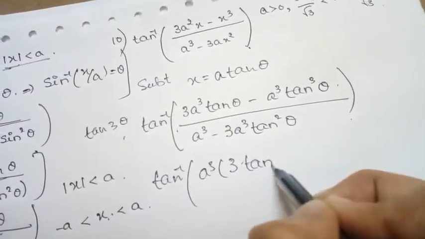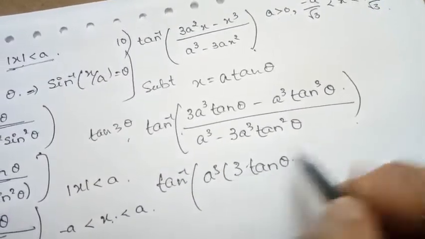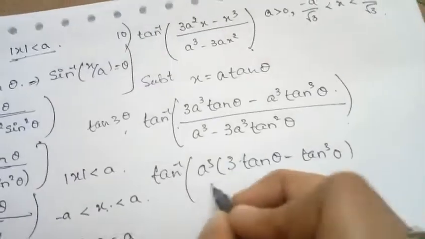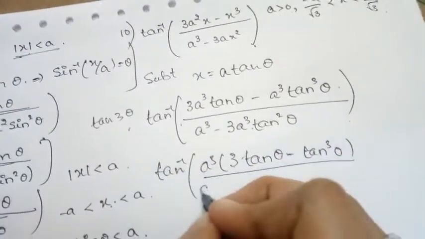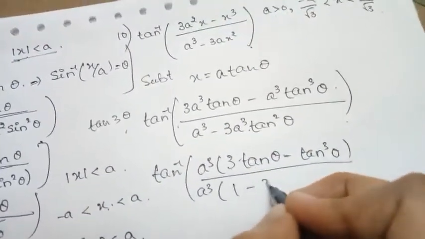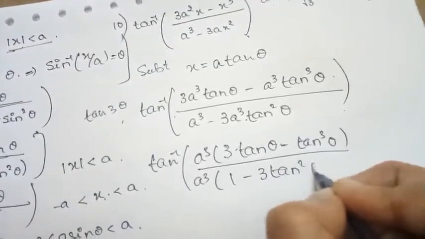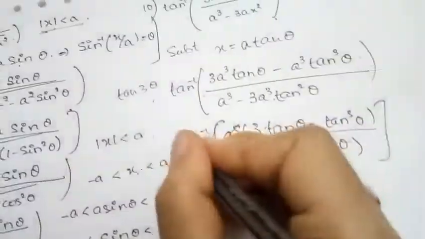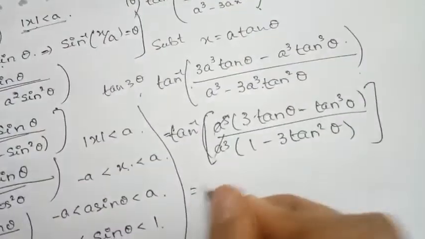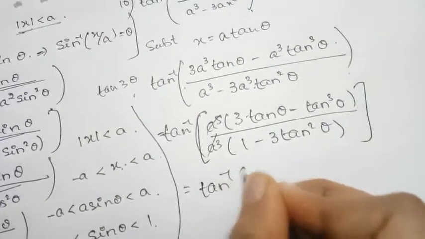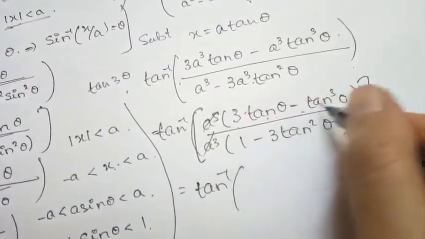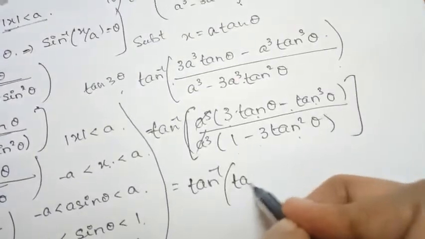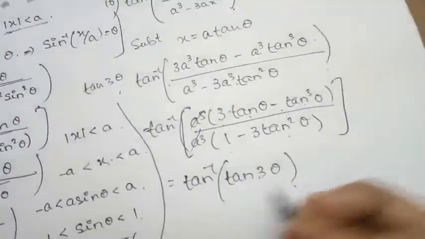So after taking a cube common, what we are left with is 3 tan theta minus tan cube theta divided by 1 minus 3 tan square theta. So a cube gets cancelled. So what we are left with now? Tan inverse of (3 tan theta minus tan cube theta) divided by (1 minus 3 tan square theta), which is nothing but the formula of tan 3 theta.